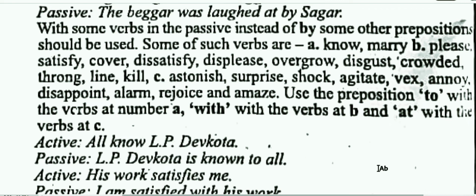And C, astonish, surprise, shock, agitate, vex, annoy, disappoint, alarm, rejoice, and amaze. In this condition, we have three groups, A, B, C. Use the preposition "to" instead of "by" with the verbs at number A, which means know and marry.